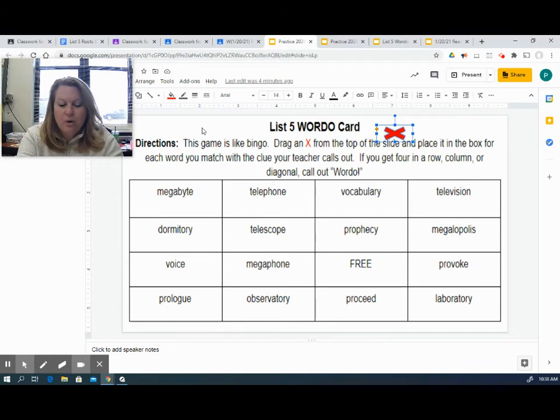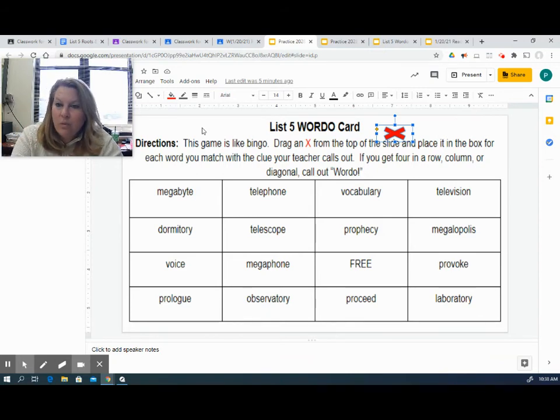So the first root or affix that I called, I told you it was Latin, and it meant sound, word, or call. That root or affix was VOC, VOIC, or VOK. So this root can take 3 different forms, but it means the same thing.